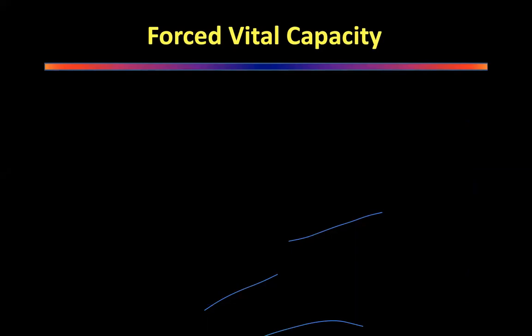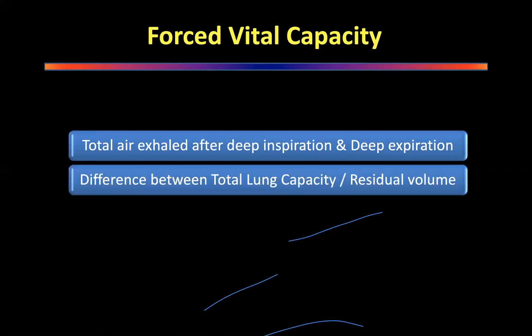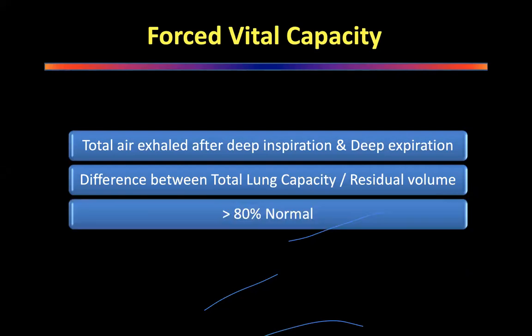So what is forced vital capacity? I showed you that diagram. It's the total air exhaled after deep inspiration and deep expiration. So it's really the peak of that graph that you're able to reach with a blowout into the machine. When we talk about capacities and volumes, you will realize that FVC is actually total lung capacity minus the residual volume, okay? We'll talk about this in more detail, so don't worry about it now.